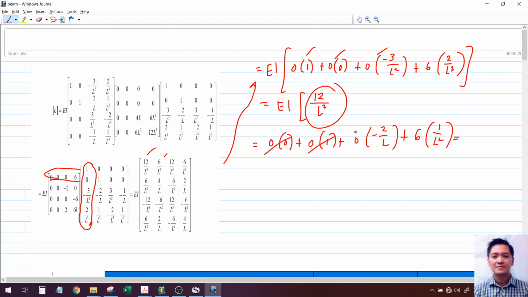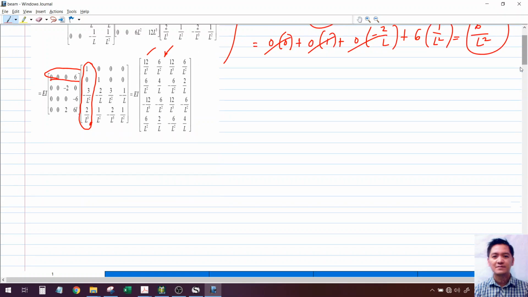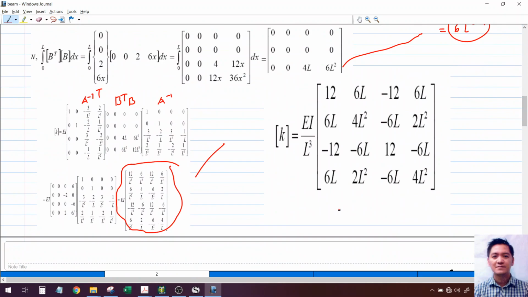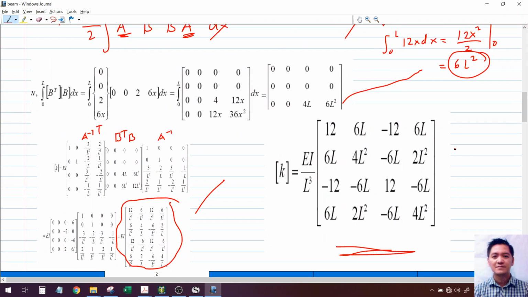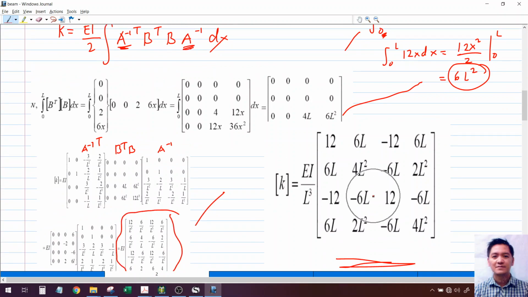Siyempre to 0, 0, 0, 6 over L squared. Which is, okay. So, alam niyo na. So that's how we get our K. Okay? From this formula, in matrix form, all of this in matrix form, we will come up with this.